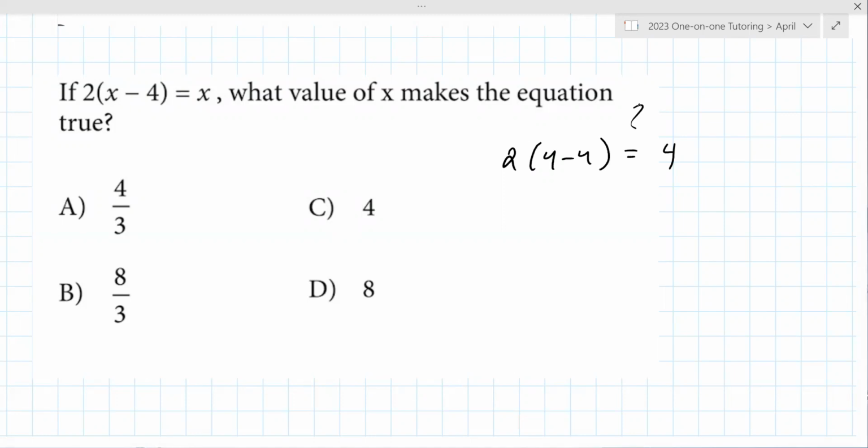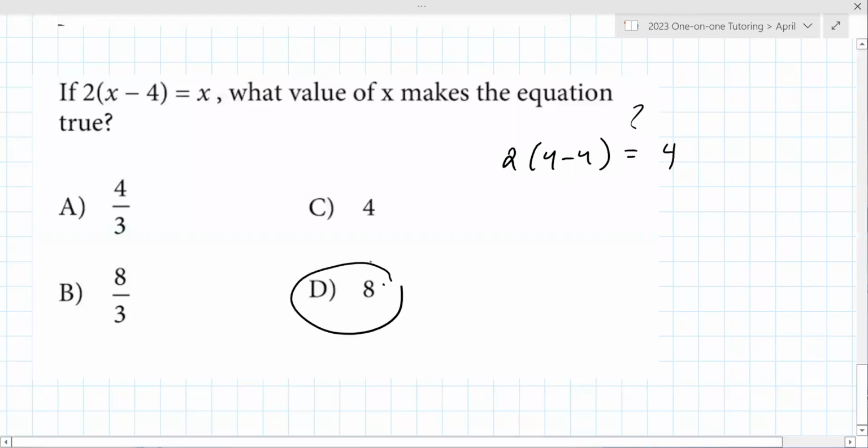Okay, so now 8 minus 4 is 4. Oh no, it's 8. It is D. Good. So even just trying answers, you've got to be careful because a couple of times today you've given me a number and you thought it was right, and you've got to be really, really careful here.